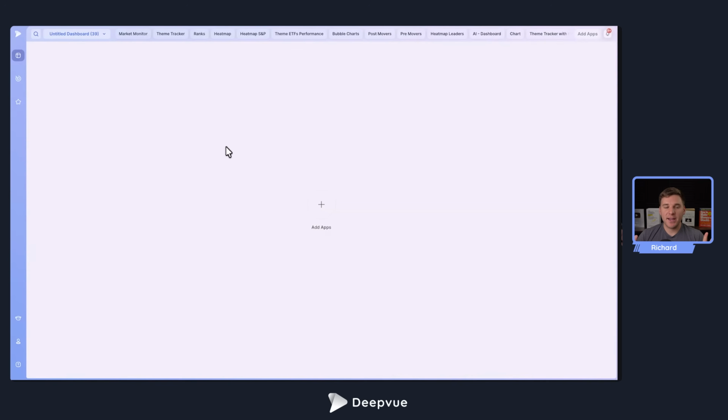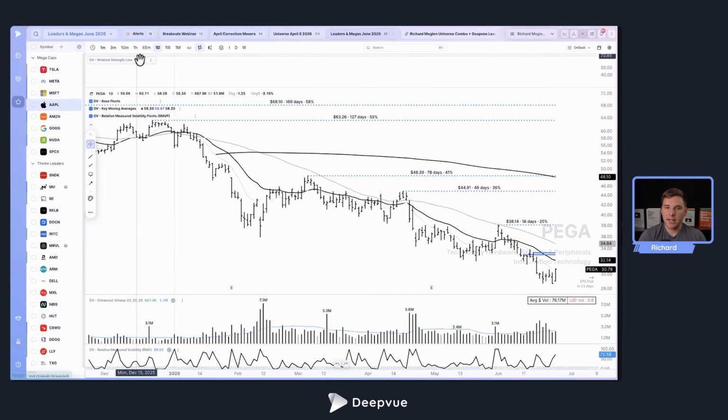Okay, so let's get back on target. So we've looked at the index ETFs, we've looked at the themes, we've looked at the theme leaders. All that gives us some great perspective on where money is flowing, where to focus on. Now the last step is to look at the stocks themselves and build our watch list. Basically, look for opportunities, right?